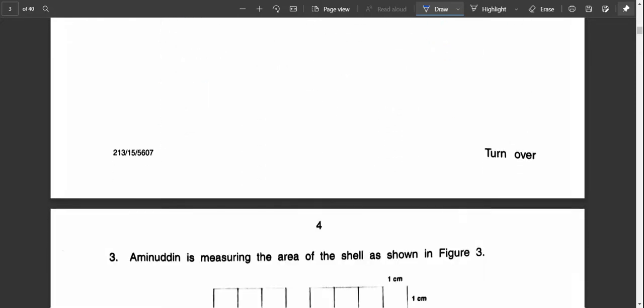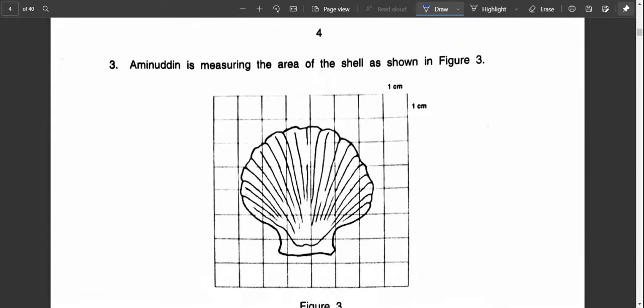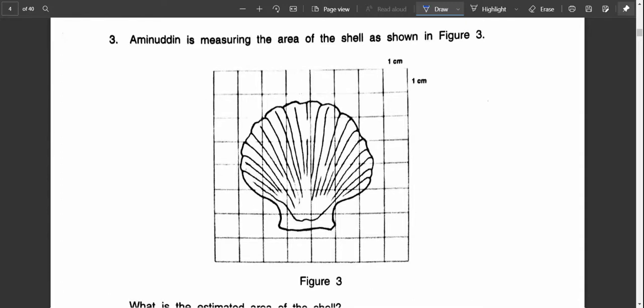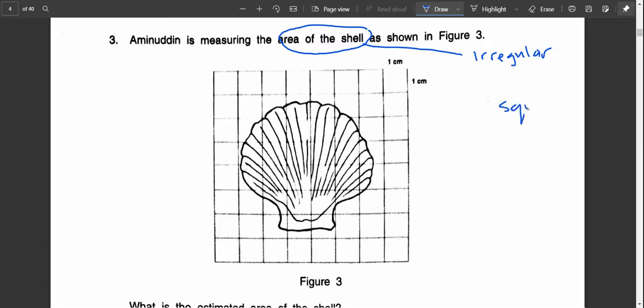Alright, next one. Question 3. Aminuddin is measuring the area of a small shell as shown in figure 3. So you are to calculate the area of this shell. The shell is an irregular shaped object. For an irregular shaped object, we use the method called square grid of known length.